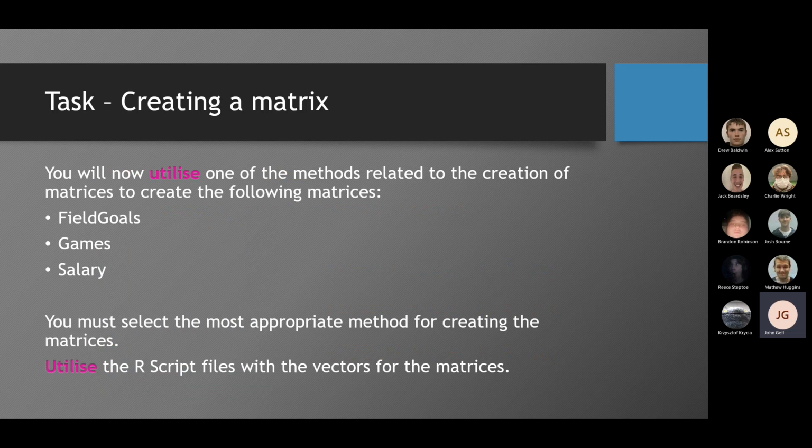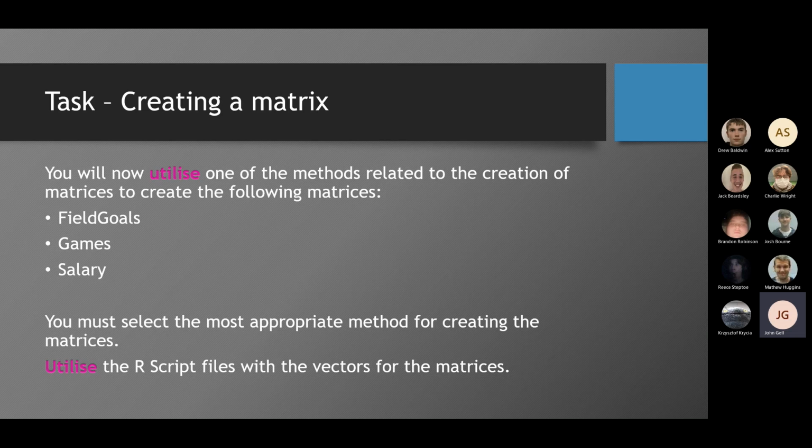Okay, so this is what we're going to do. I've now given you, it's like I preempted this, or I may have taught it before. You will now utilize one of the methods relating to the creation of matrices to create the following matrices. That's a really bad sentence. But what I want you to do, in a fresh R script file which you're going to call basketball data, is this: I've just given you a huge set of data, a huge number of vectors.